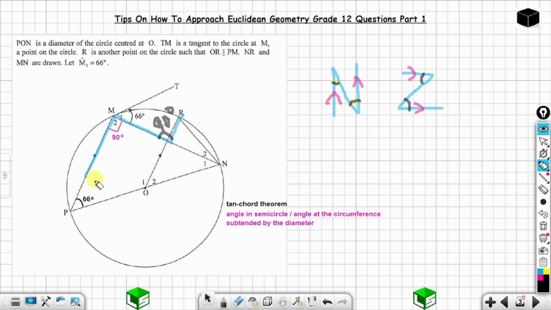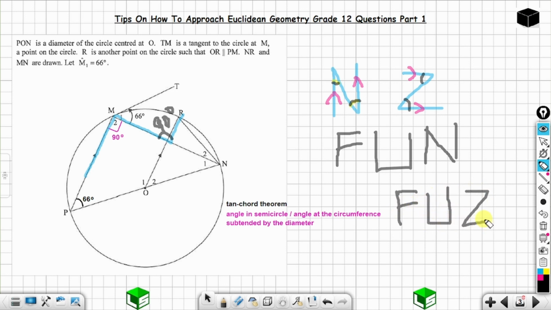So whenever you have parallel lines, think of the word fan or phase. You can have N or Z depending on how you look at the diagram.